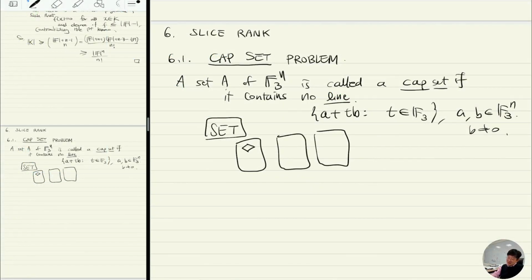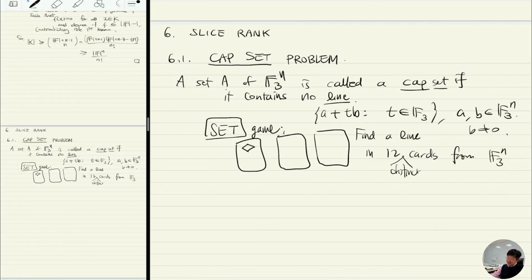So the Set game is to find a line among 12 distinct cards from F3 to the n.